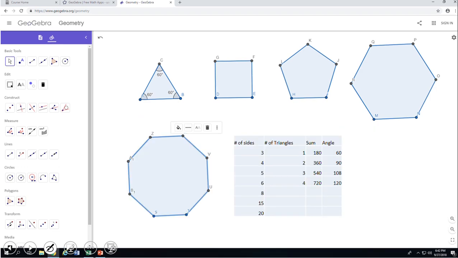The last polygon in this clip will be a polygon of 8 sides. We call that an octagon. The stop sign, yes, the stop sign is in the form of an octagon. We're going to find the sum of the measures of the interior angles.